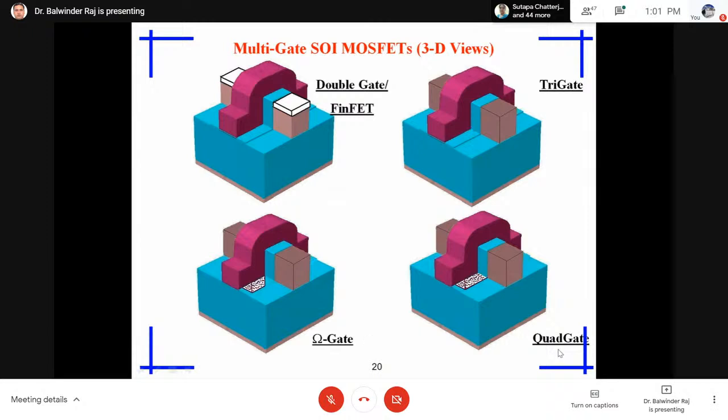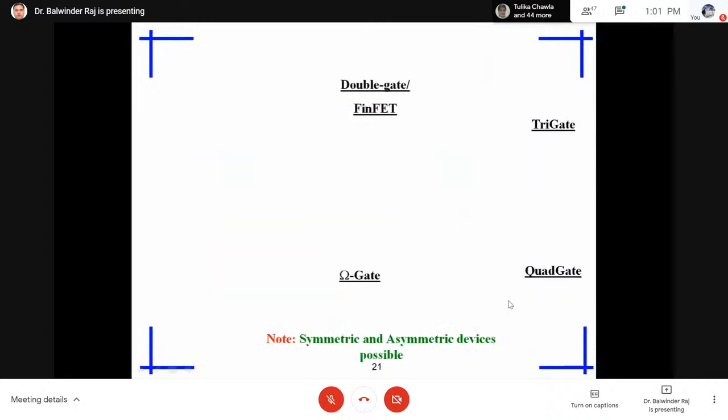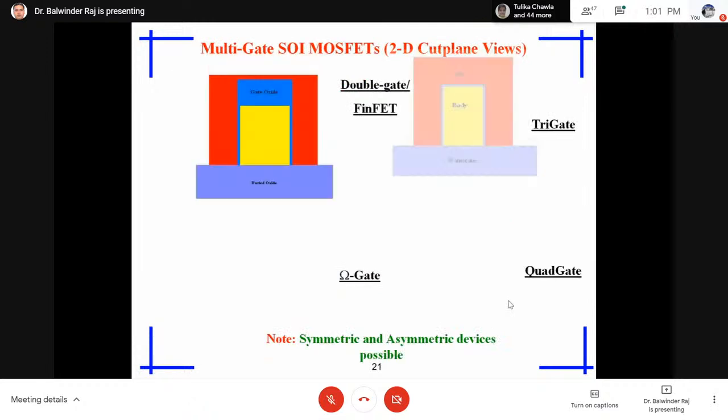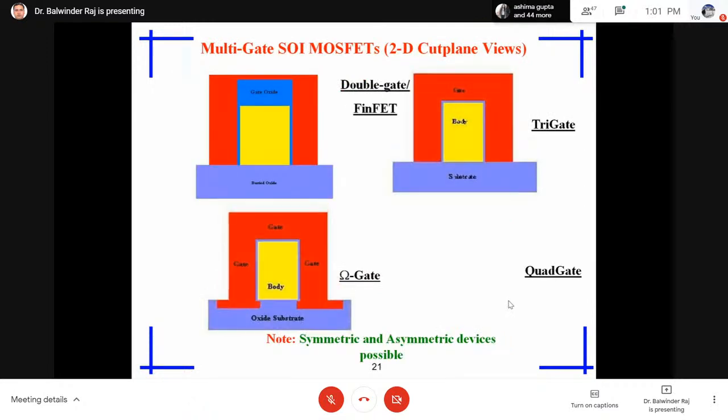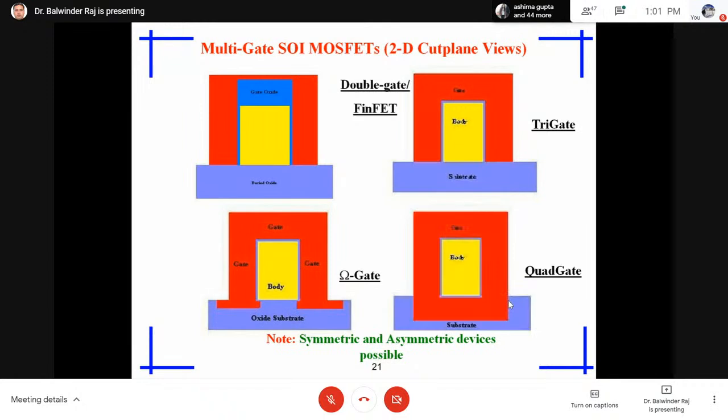Then we have a quadrant type of gate. So this is the 2D view of all four structures: double gate FinFET, tri-gate, pi-gate, and quadrant gate. In the tri-gate, all sides are the same. These structures can be designed symmetrical or asymmetrical to make the devices.